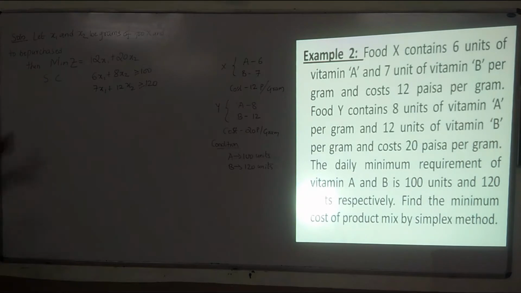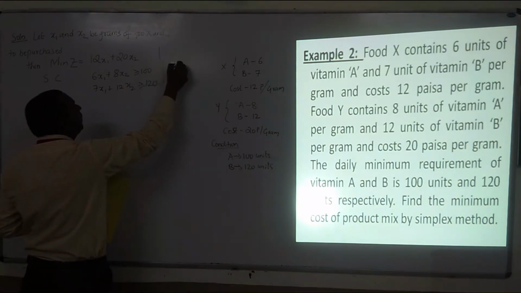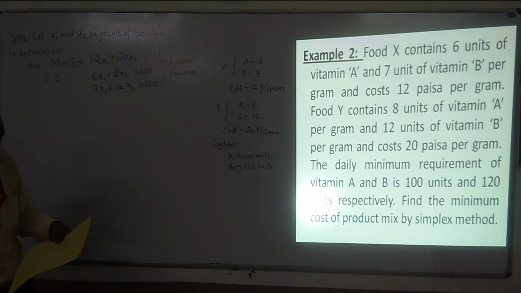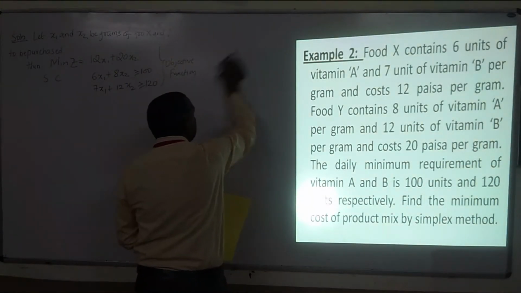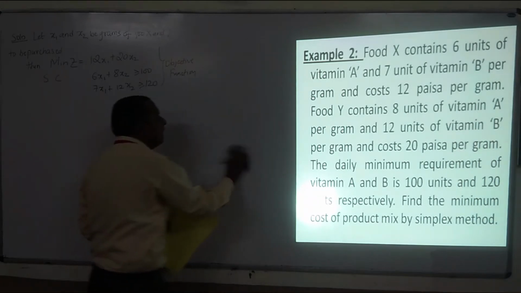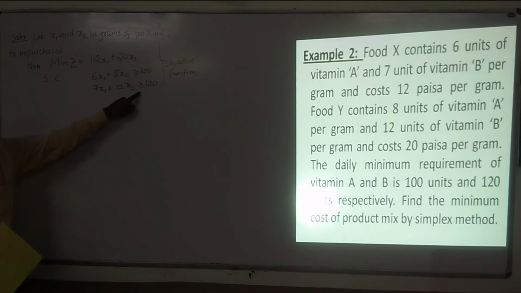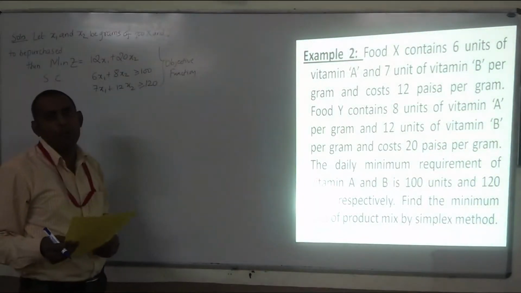This is our objective function and constraints. By looking into this, we can see that both the constraints are greater than or equal to.